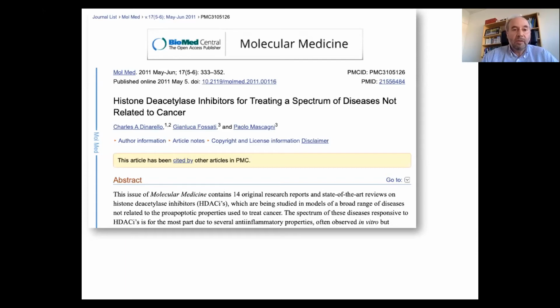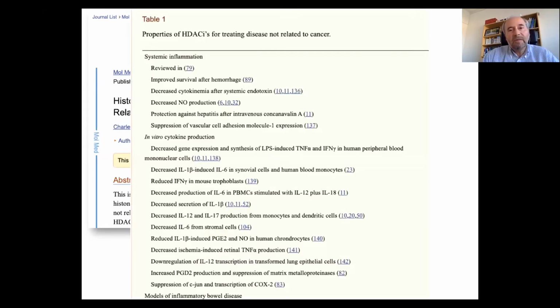But what we found also is that histone deacetylase is found as a master regulator. And why is that? If you look at the literature, you can see that histone deacetylase is involved in many inflammatory processes. There are already trials going on with these histone deacetylase inhibitors, and they are affecting many inflammatory processes, specifically those related to interleukin 1 and pro-inflammatory interleukins like interleukin 6 and other interleukins and TNF alpha.